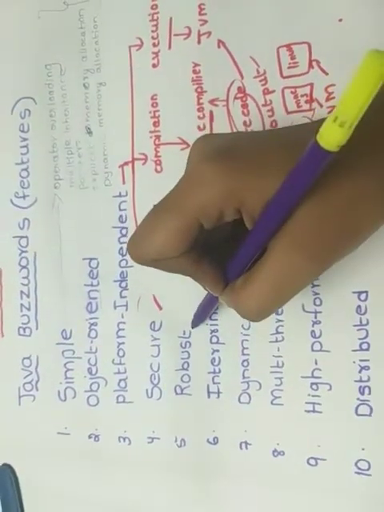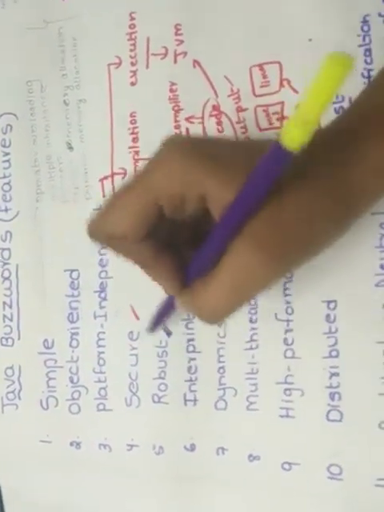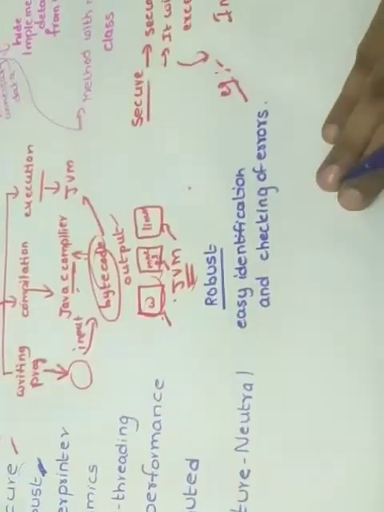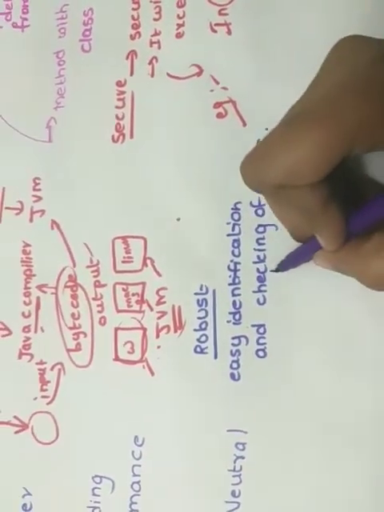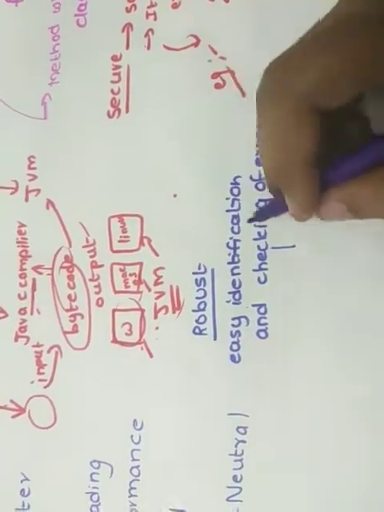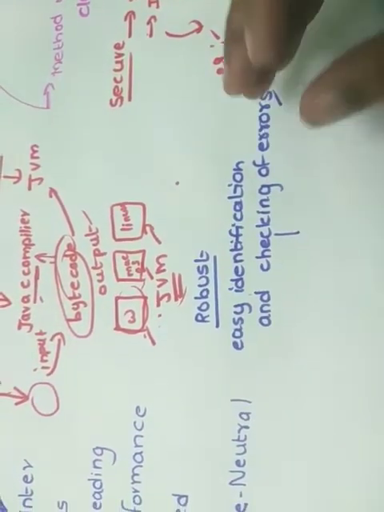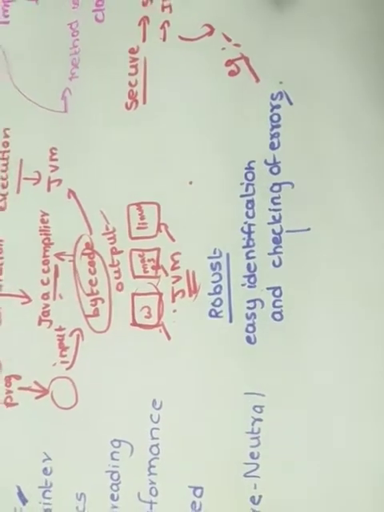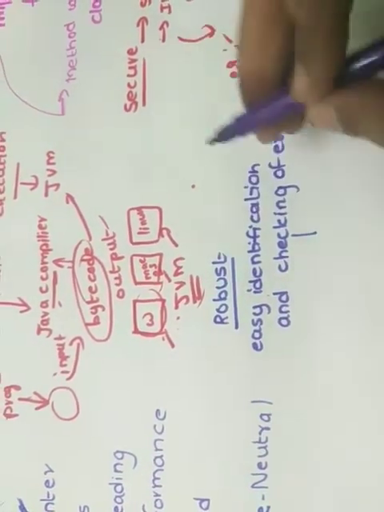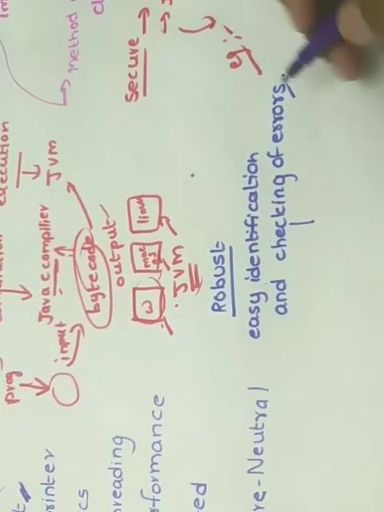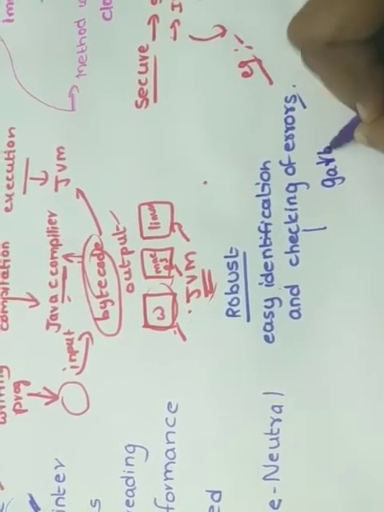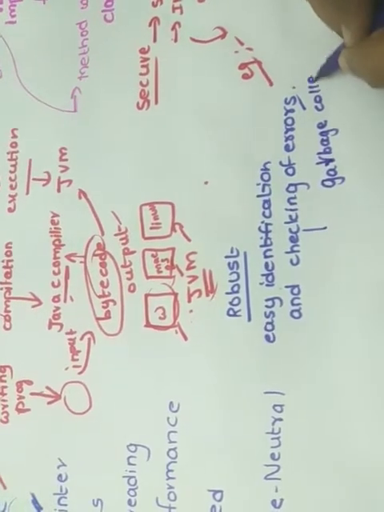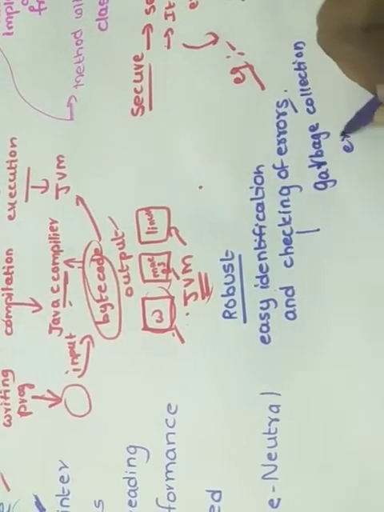Now coming to the next one, Java is robust. What is the meaning of robust? Robust means easy identification and checking of errors. Generally in a program, after completing it, we check errors. That means at the time of compilation itself, we get errors and verify them. But in Java, early checking of errors can be achieved with the help of garbage collection and exception handling.